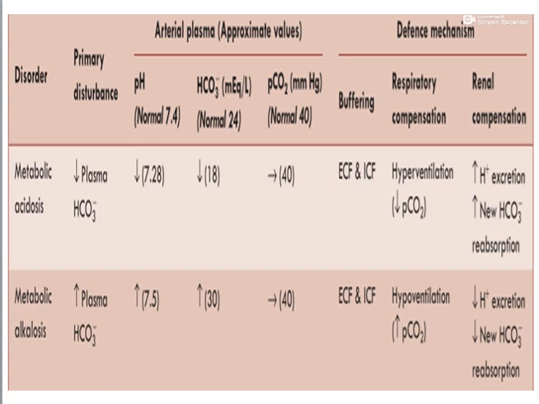Now this is the table that shows the pH in various disorders, that is metabolic alkalosis and metabolic acidosis, and what the defense mechanism is, that is respiratory and renal compensation. In metabolic acidosis, the primary disturbance is a decrease in plasma bicarbonate ion. pH is normally 7.4; in acidosis it is less, that is 7.2, and bicarbonate ion is also decreased.